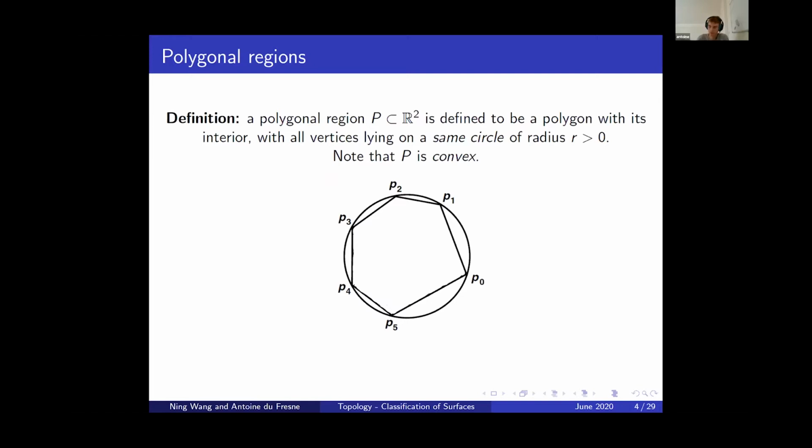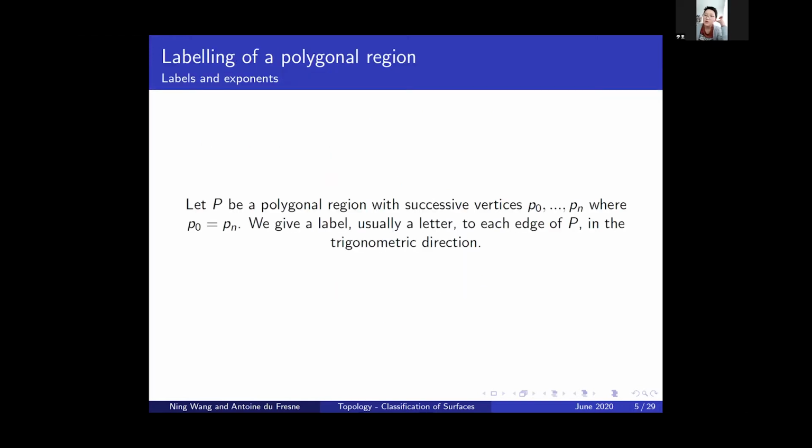Okay, so let P be a polygonal region that we have just defined with successive vertices that we name in the trigonometric direction with the names P0 to Pn. At the end, we give Pn and P0 the name Pn, with n being the last number of the series. We need to give it this name in order to name the edge Pn-1 Pn.